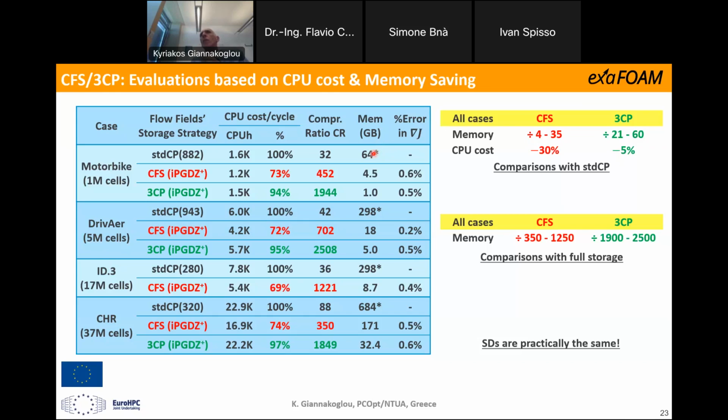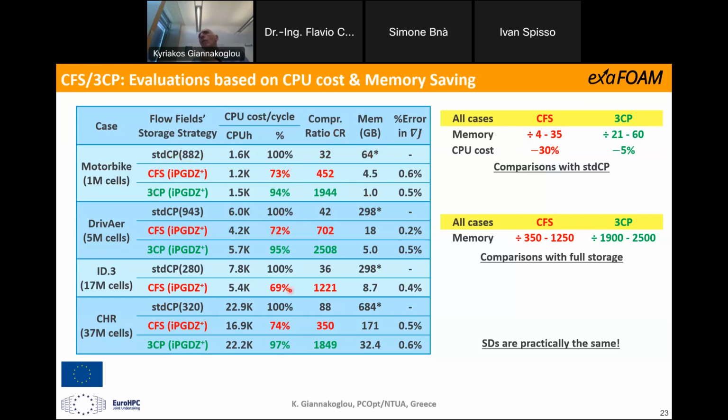For instance, here for the motorbike case, we made the assumption that we have only 64 gigabytes available for this case. So the available storage determined the number of checkpoints. And we tried to run all these algorithms, standard checkpointing, CFS, and 3CP, and make some comparisons.